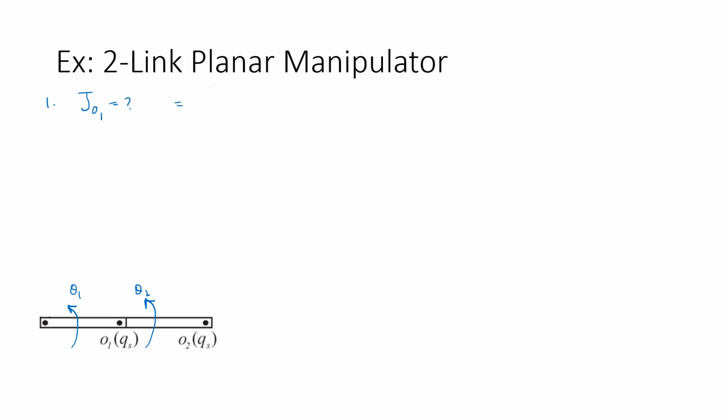It is going to be equal to, because it is a two-link manipulator, a 2 by 2 matrix where you have the very first entry to be minus sine of theta 1, and this is going to be 0 over here because there is no influence of the second joint on this Jacobian. And similarly for the second row, you are going to have cos of theta 1, and then obviously you're going to have 0 over here. So this is the linear velocity part of the Jacobian for O1, which is over here.